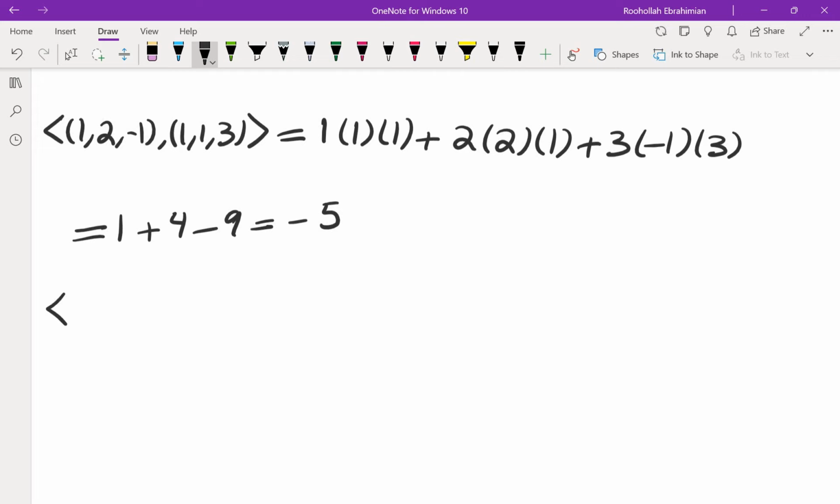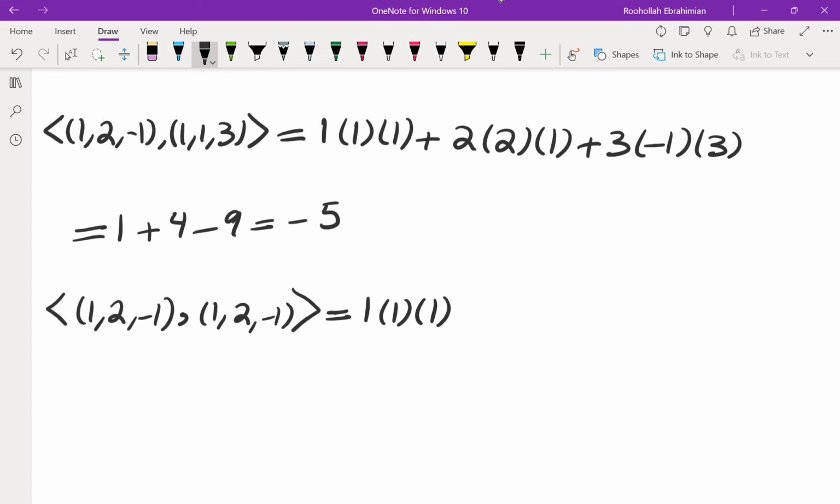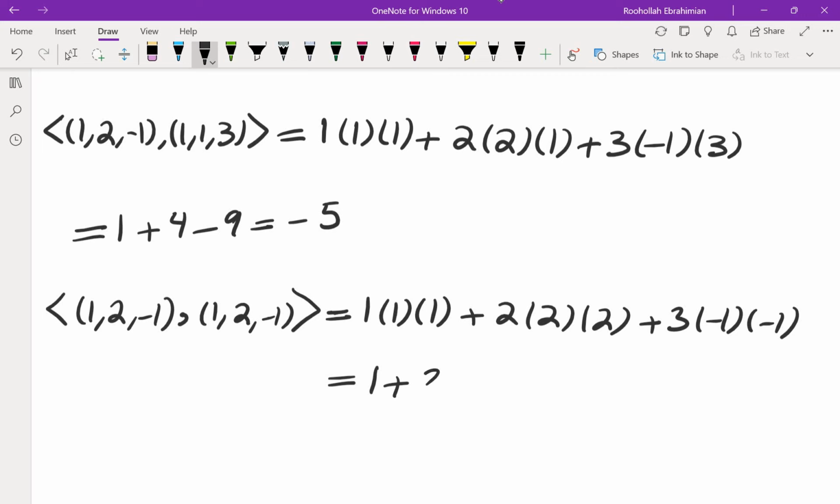Then we will do the norm of each one of them, or the length of each one of them. So you do (1, 2, negative 1) inner product with itself. That will be 1 times 1 times 1 plus 2 times 2 times 2 plus 3 times negative 1 times negative 1, which is 1 plus 8 plus 3, that is 12.